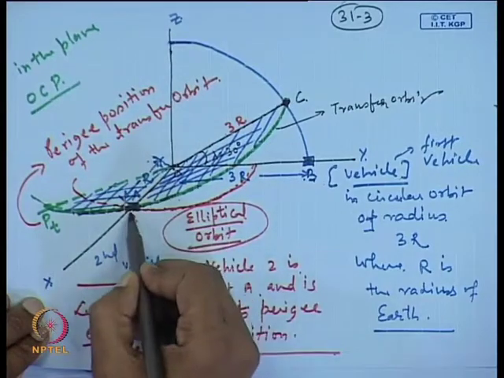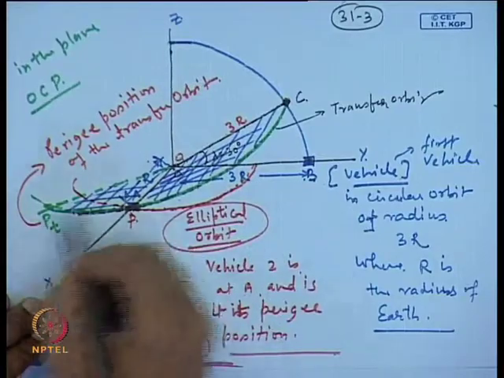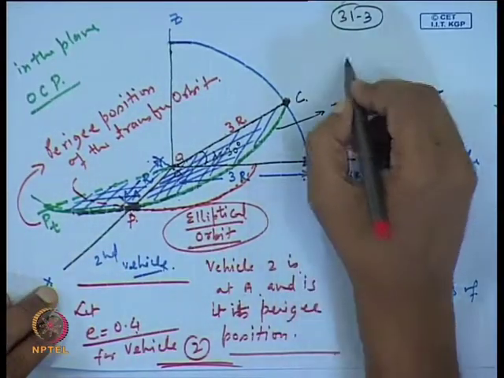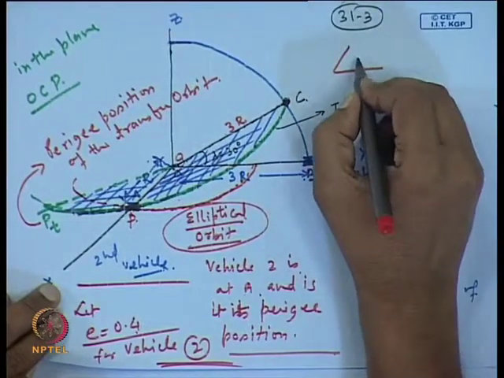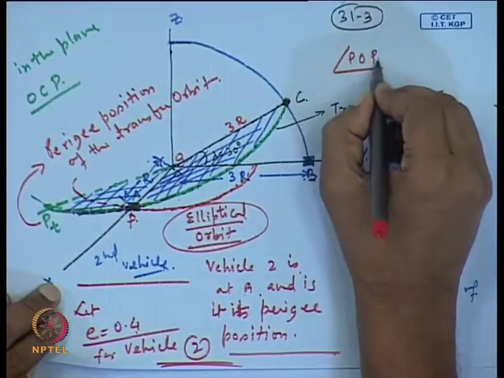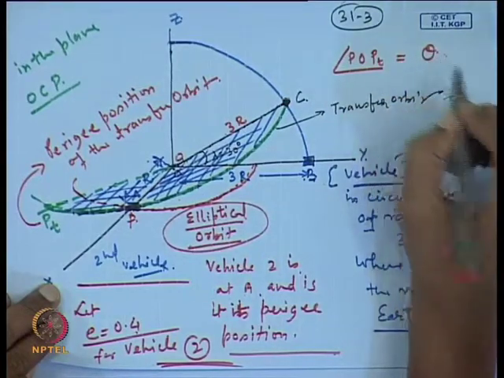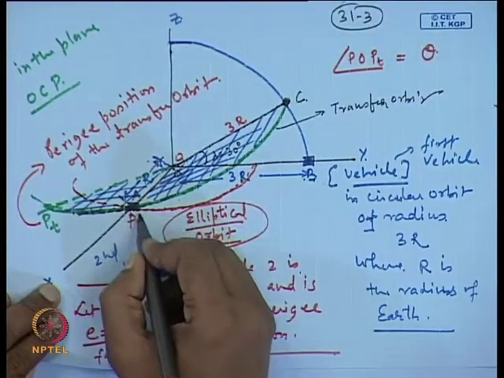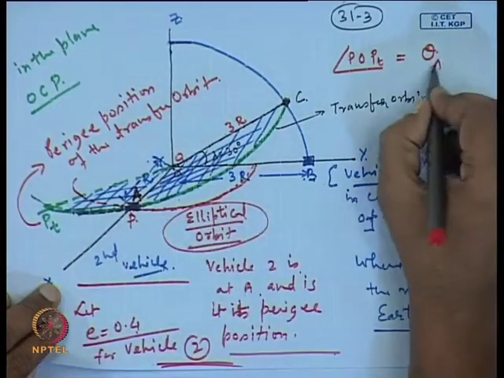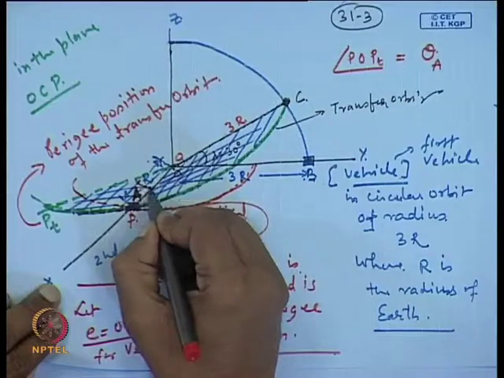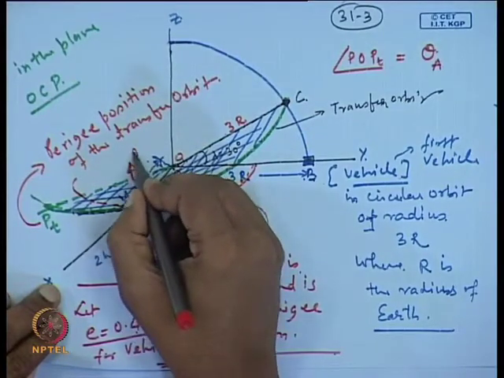So, location of P from O P, so this is O and this is PT from O PT. So, we can write here the angle P O PT as, let us say, theta p, or here because we have named this as A, position A, we will write this as theta A. So, this angle from here to here becomes theta A.